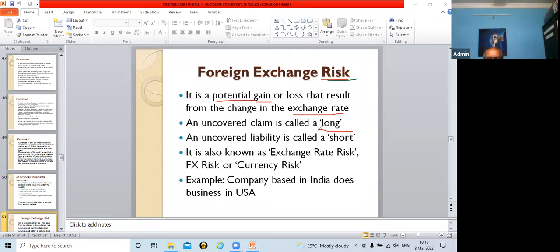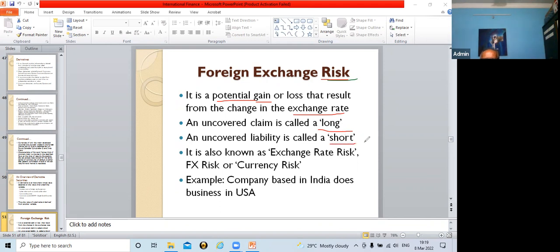So you will have to choose the correct option, that is long. An uncovered claim is called long. And short is called an uncovered liability. A liability that is uncovered is called short, and an asset that is uncovered is called long.